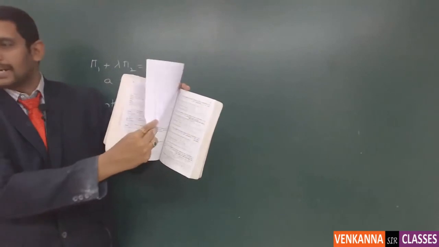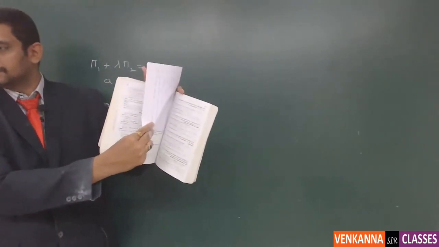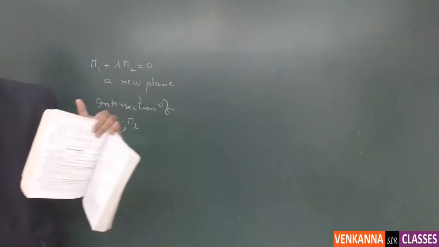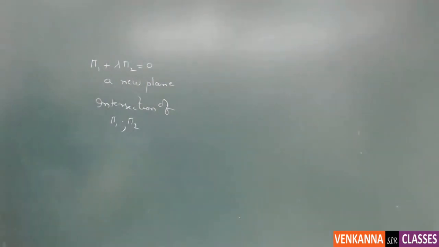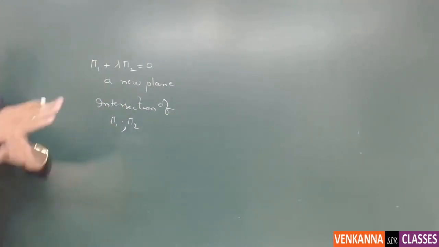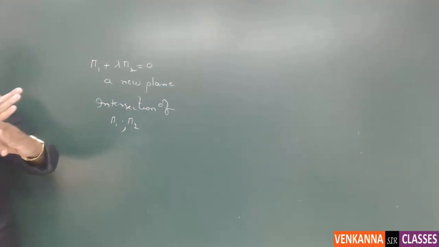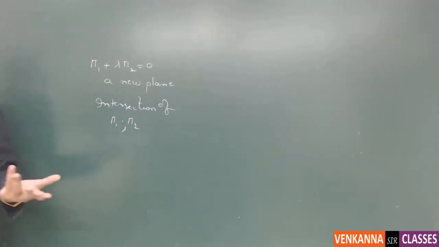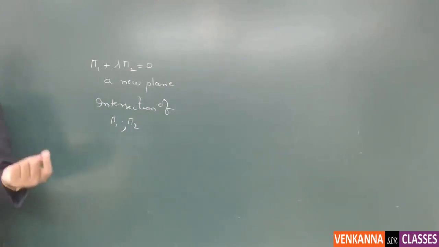This passes through the line of intersection. That you can visualize. Yes, lambda can take 0, any positive value, anything you can take. That's why I said lambda is an indeterminate based on the problem condition. That's it.